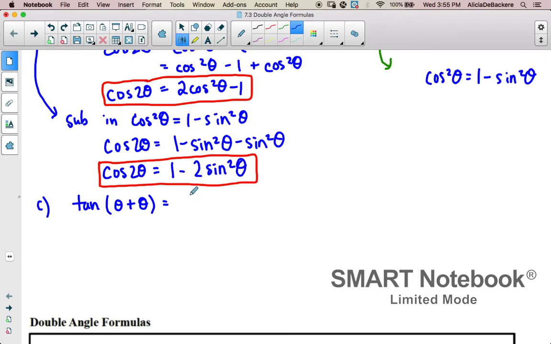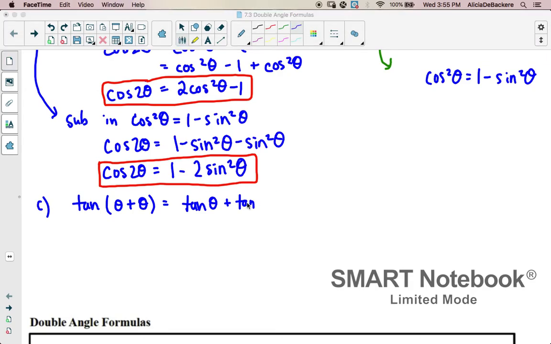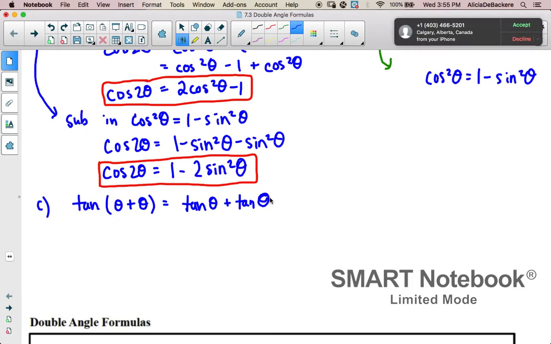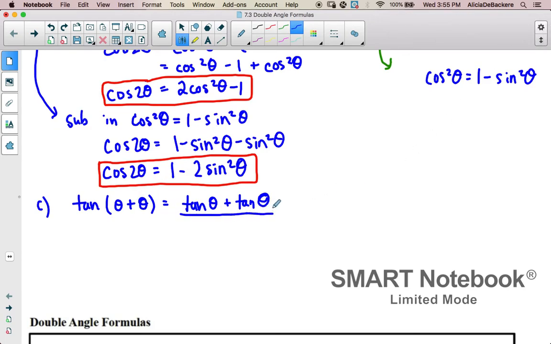So for tan, I'm going to use my tan of A plus B formula from yesterday, my compound angle formula, and that tells me to do tan of the first angle plus tan of the second angle, and then I'm going to divide by 1 minus tan theta times tan theta.